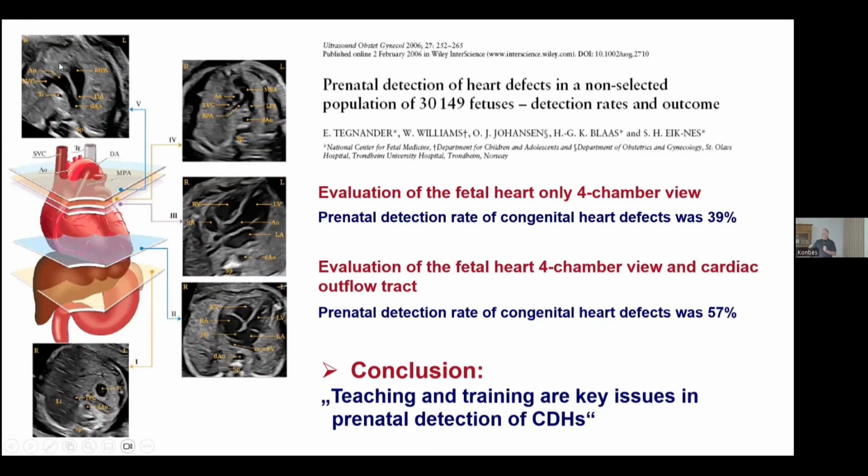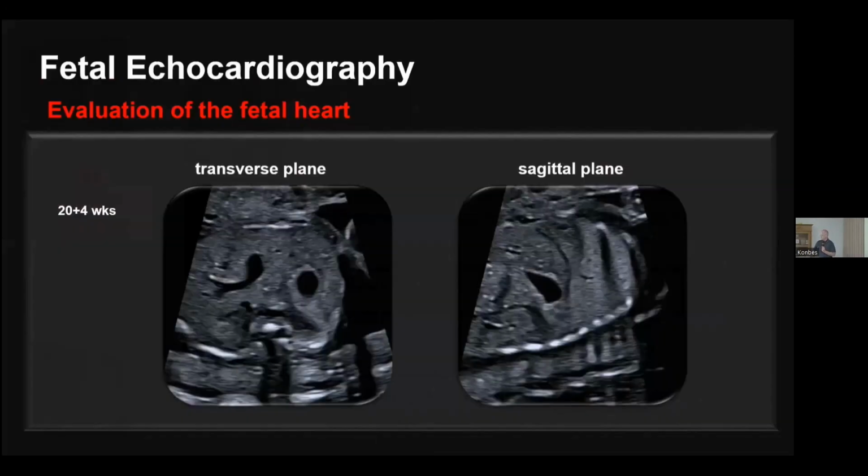If we make this standardization, we have a good chance to detect more than 60%, because the resolution is much better. So in good cases, well-trained examiners will reach a detection rate of up to 80%.